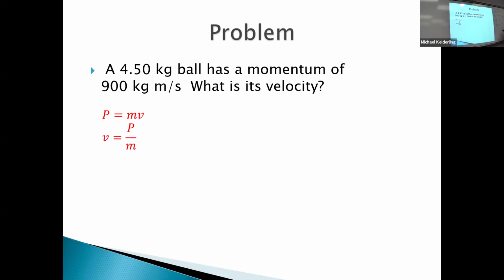So velocity will be momentum divided by mass. So 900 kilogram meters per second divided by 4.5 kilograms gives you 200 meters per second.